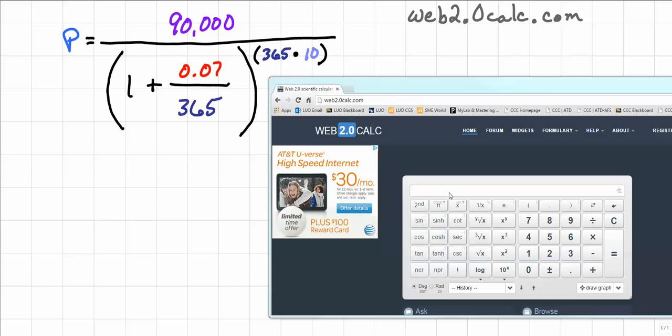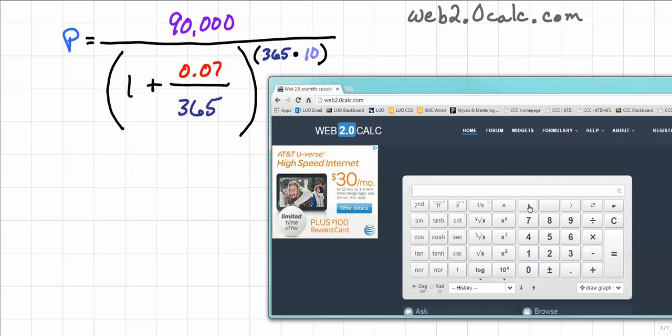Now, I'm going to input the following values, and I'm going to show you exactly how I do this. Since the 90,000 is in the numerator and everything else is in the denominator, I want to make sure that we keep everything separate, because that fraction bar is akin to using a set of parentheses.